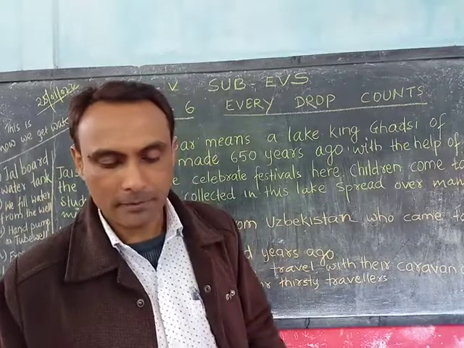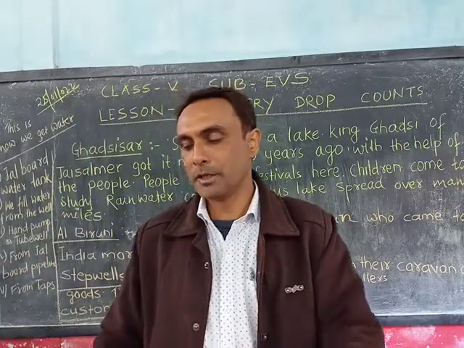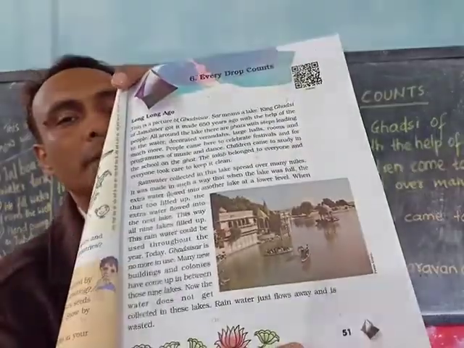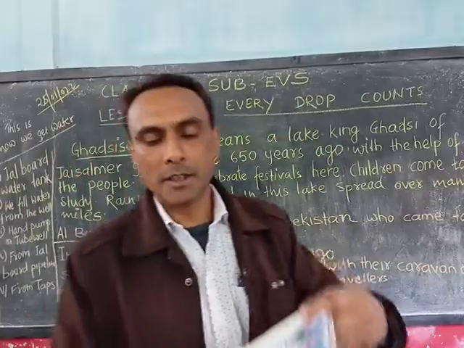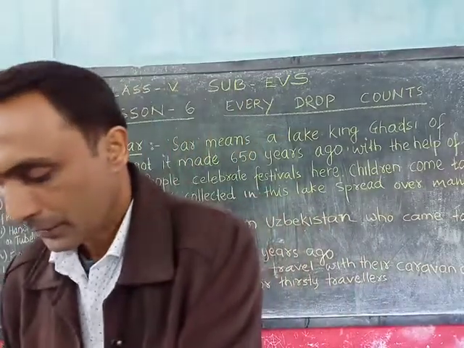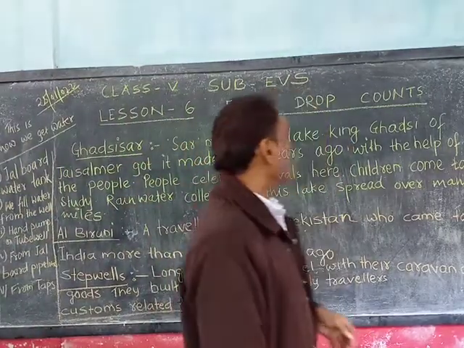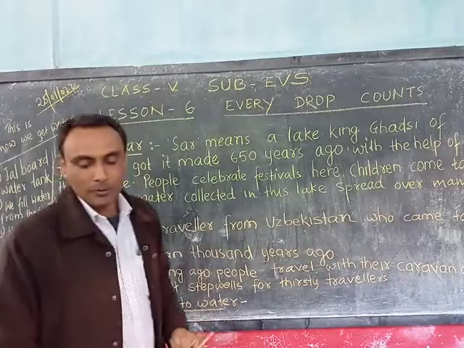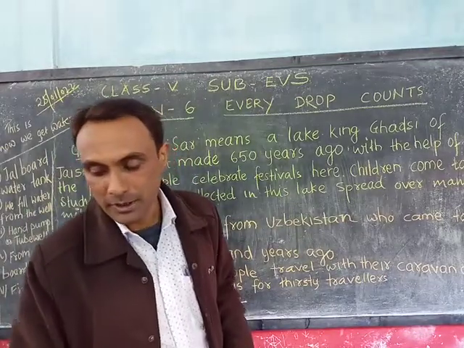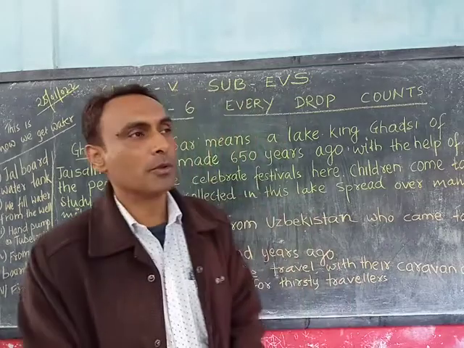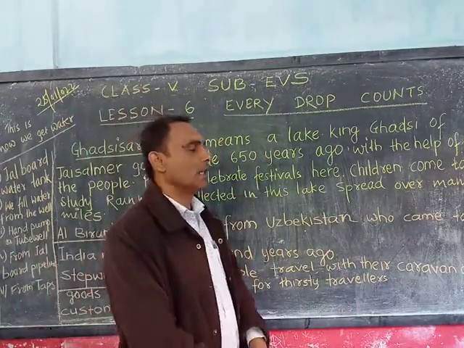There is a picture. I will show you the picture also. Just go over it. This is the picture of Ghar Sar. When we start this lesson, we have to start from this story. That means what happened long years ago.